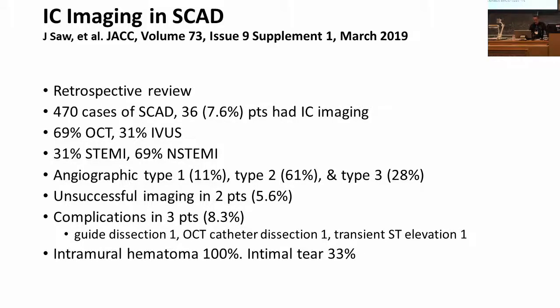We're not used to this kind of complication rate. When we do imaging in atherosclerotic disease, with OCT or IVUS, the complication rate is probably 0.3%. So this is significantly higher. In this series, they saw intramural hematoma 100% of the time, and intimal tear in only 33%.